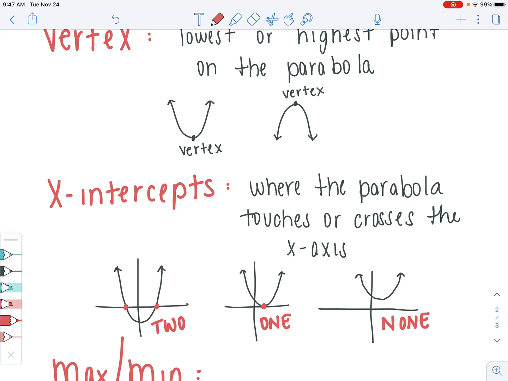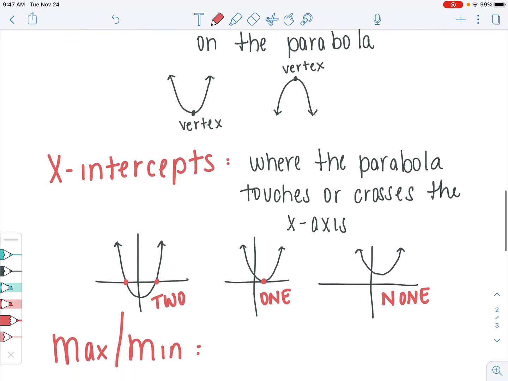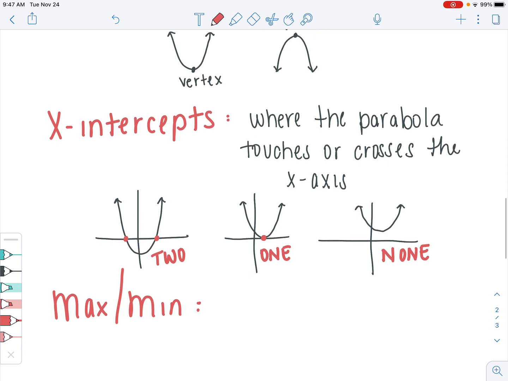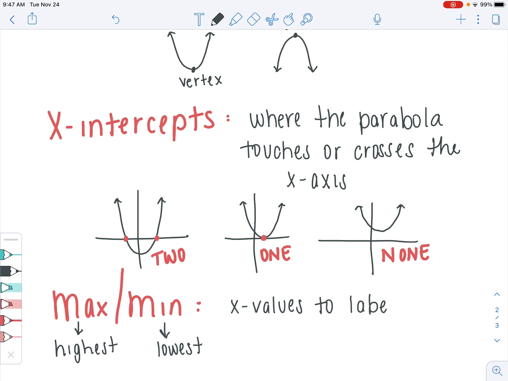You're also going to be telling me whether your vertex is a max or a min. Remember, max is the highest point, min is the lowest point, and you're going to use your x values to label them.